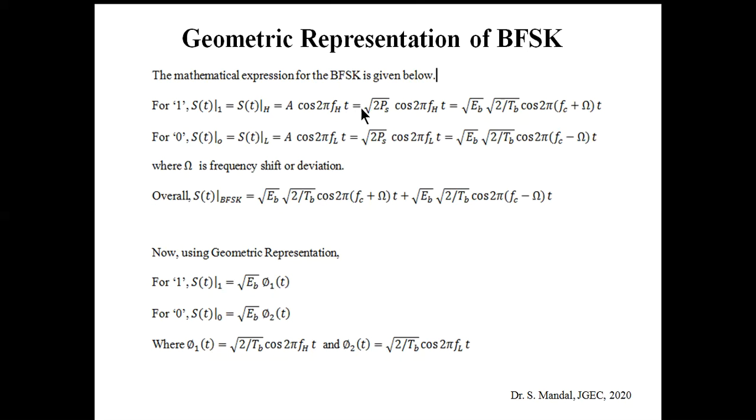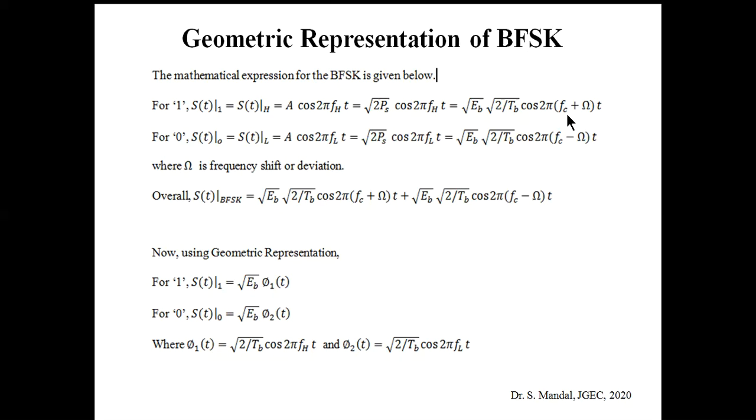If we substitute A in terms of power, it becomes root over 2 Ps cos 2 pi f_H t, and in terms of energy, it becomes root over Eb into root over 2 by Tb into cos 2 pi (fc plus omega) t, where omega is the frequency shift or deviation. That means if the frequency of the original carrier is fc, when 1 is transmitted the frequency of the carrier has been shifted to fc plus omega.